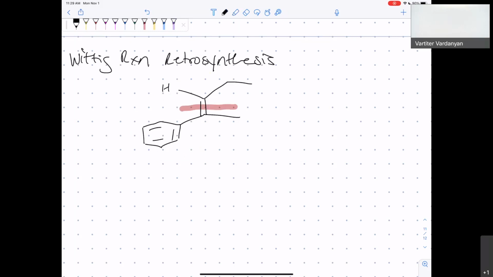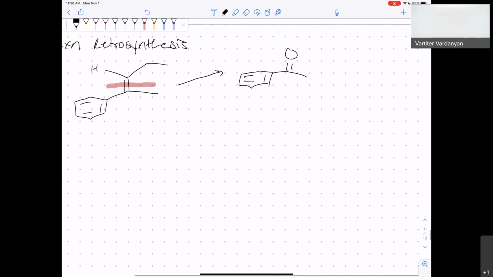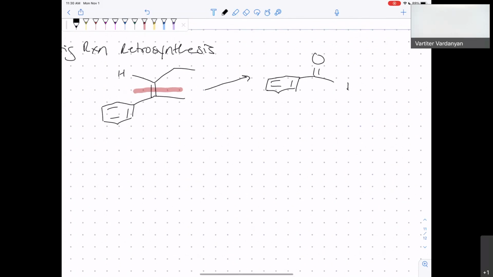So there's going to be two options, right? You could have either had this. Okay, you could have had these two reagents, or you could have had it flipped the other way.